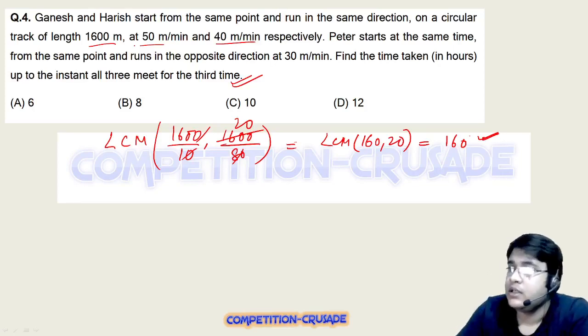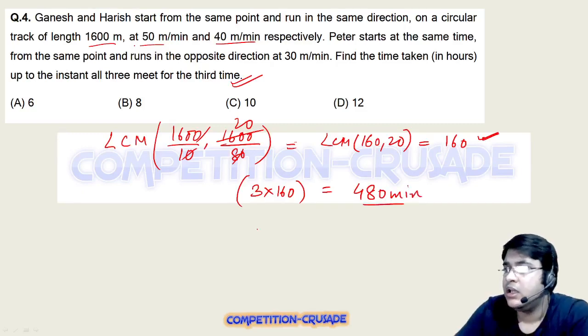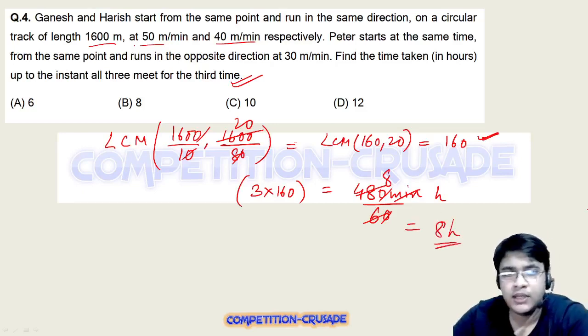What about 3? That will be 3 into 160, which is 480 minutes. Converting that into hours, we divide by 60. 6 8s are 48, which gives me 8 hours.